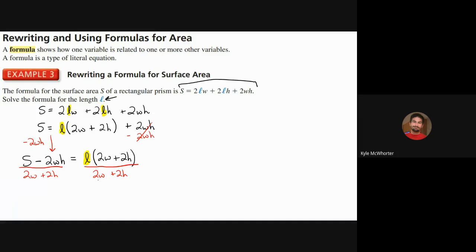So on the right side, these will divide each other out, and we get L equals surface area minus 2 times width times height, divided by 2 width plus 2 height.